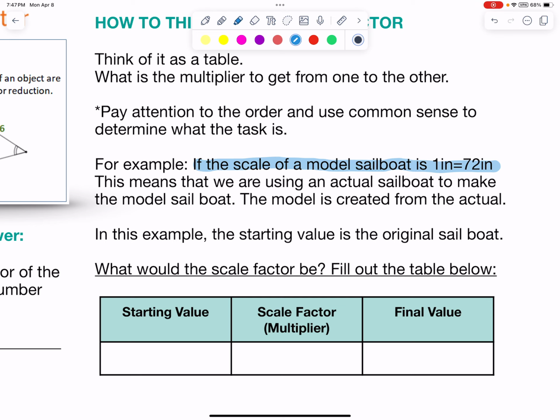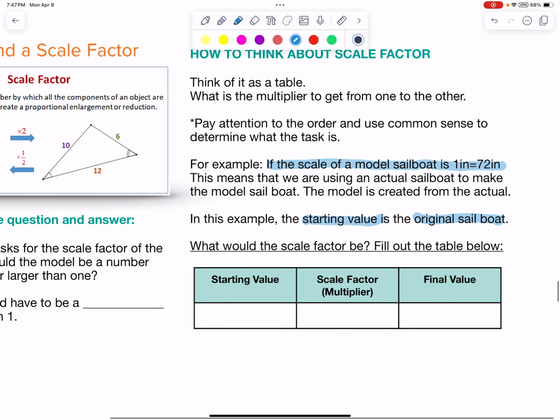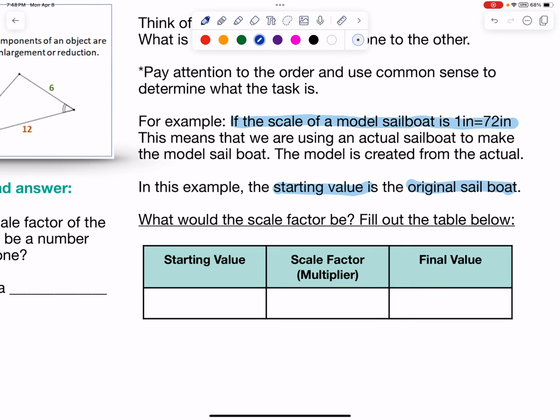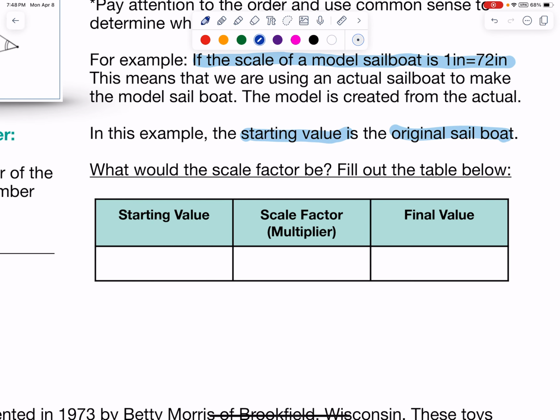So in this example, the starting value is the original sailboat. And so that's what you have to think about: what are they actually asking? So in this case, the starting value is the 72-inch sailboat. And if it's in feet, you're going to have to change it to inches to make it match. And then our final value is we end up with this 1-inch model.